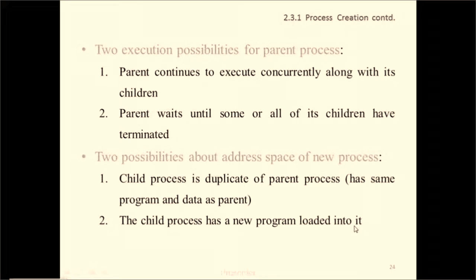Remember that the order is reversed here. Here the child is remaining a child, here the child is becoming a complete process. And when a child remains a child, it shares the resources of the parent process. When the child is a complete program in itself, a new code, a new program is loaded for it.